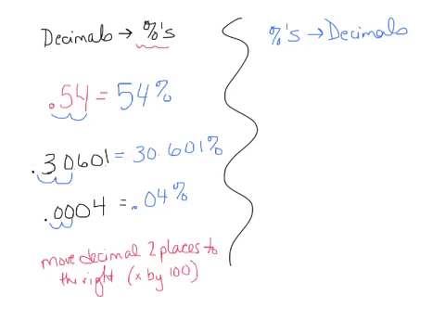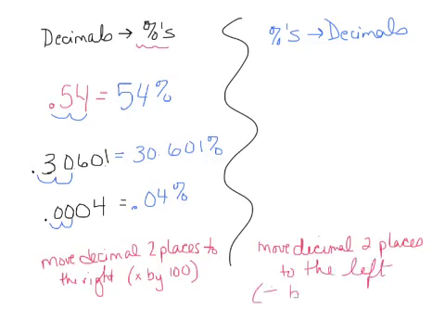To turn percents into decimals, you're going to go the other way around. What you're actually going to do is move the decimal 2 places to the left, or you're basically going to divide by 100.